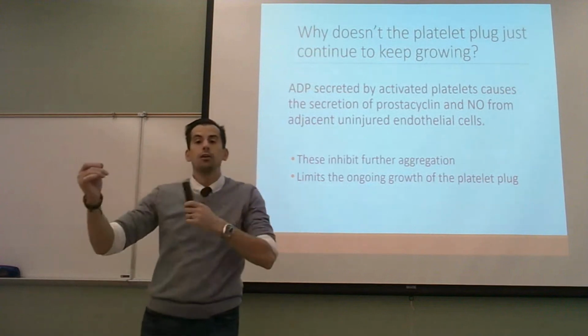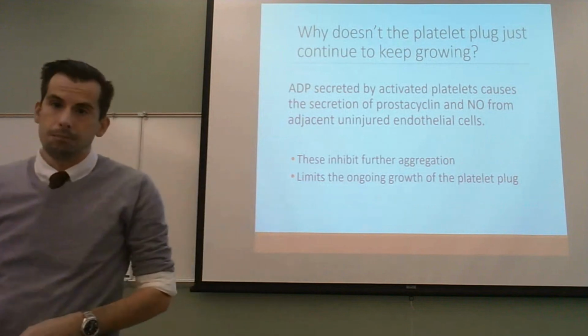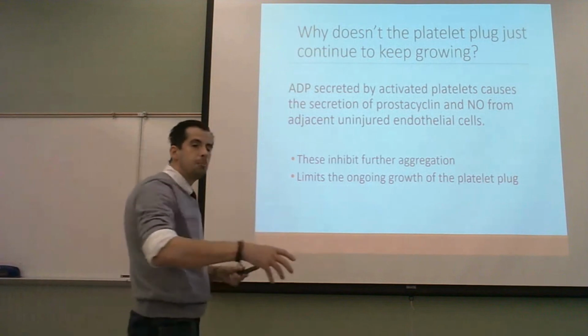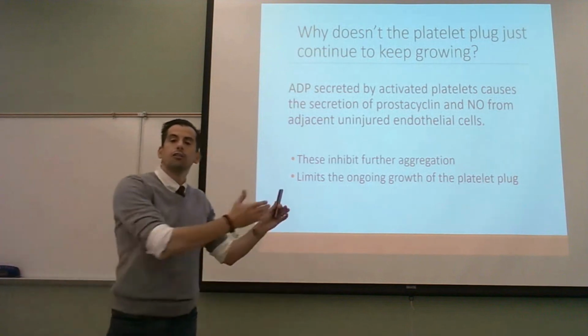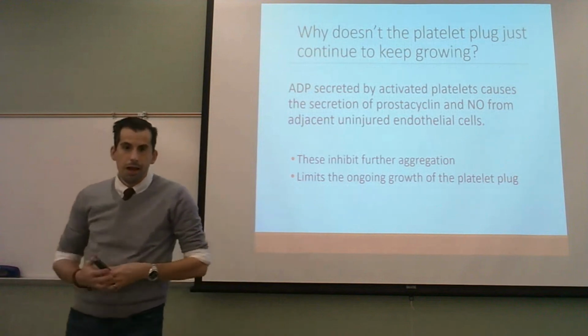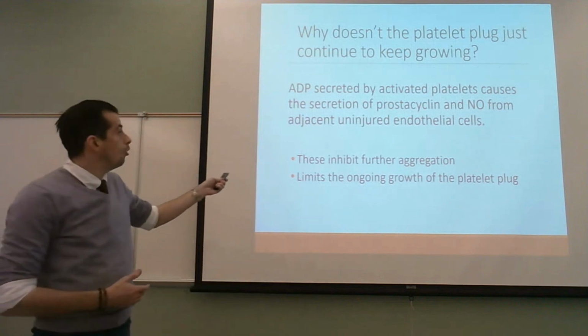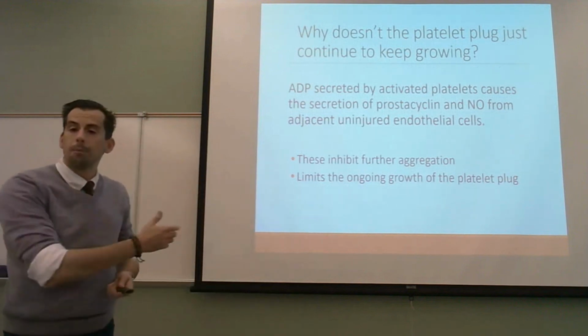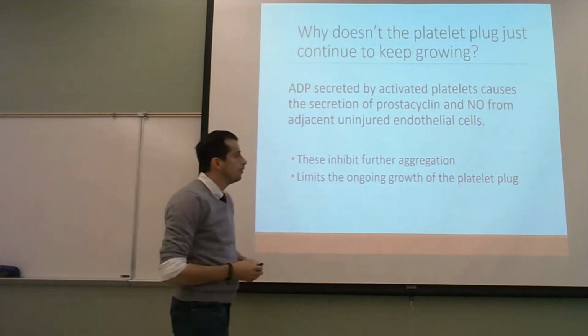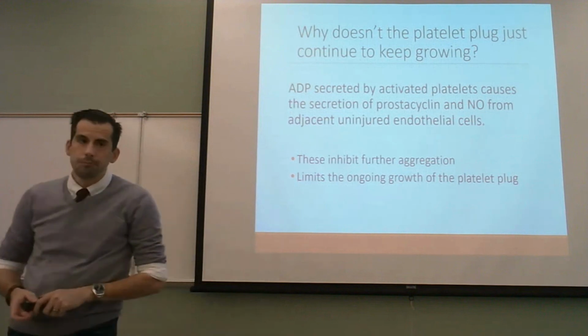Remember, ADP was what triggered the platelets to become sticky. The platelets secreted ADP because of the exposed collagen. The ADP caused the platelets to become this sticky mass. ADP also stimulates normal epithelium to secrete two other chemicals, prostacyclin and nitric oxide.